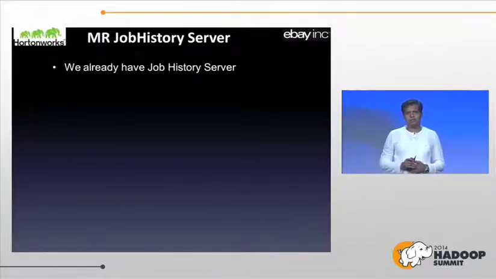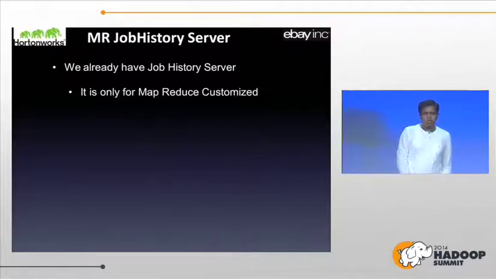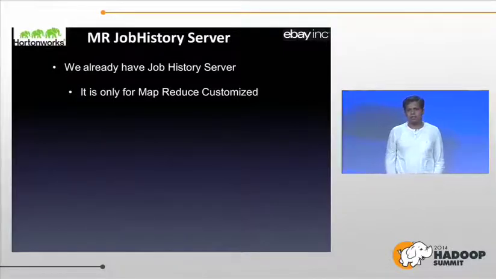But there are motivations for which we need to implement a new service where we can get application-specific data. The only problem with the job history server is that it is customized only for MapReduce. It's not generic enough to cater to any kind of application.